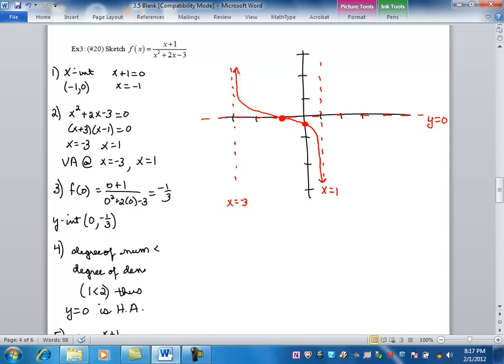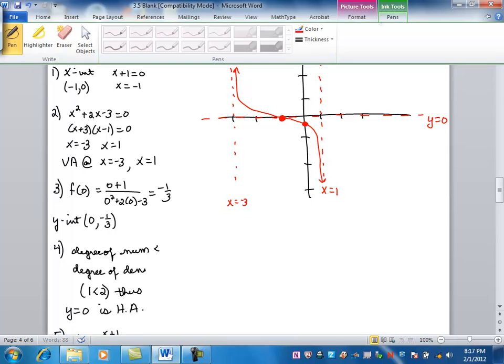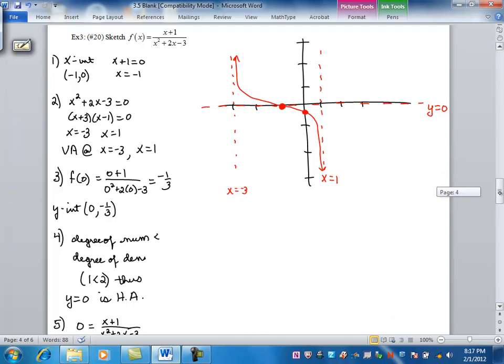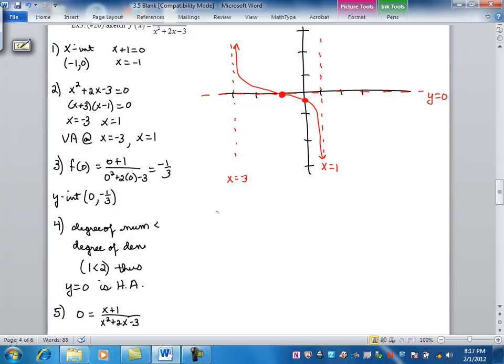Now the one thing that remains to be seen about this graph, if we look at guideline number 6, we're going to have to bring it into play because we don't really know what's going on over here to the left of x equals negative 3 or to the right of x equals 1. So let's check some things out here. This is point number 6 to look at. Let x equal negative 4. Negative 4 plus 1 over negative 4 squared plus 2 times negative 4 minus 3.